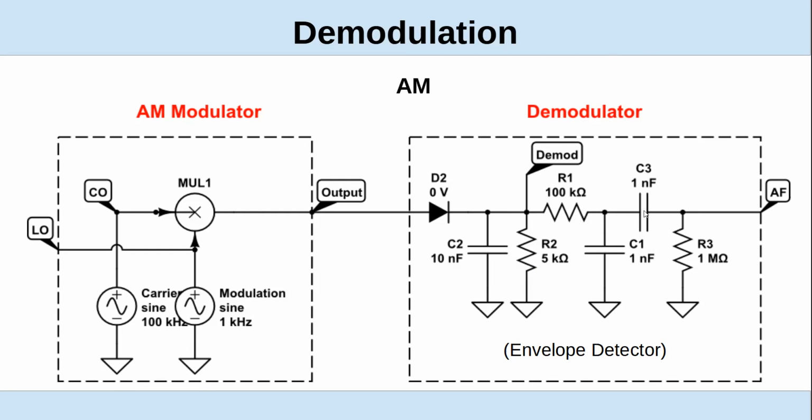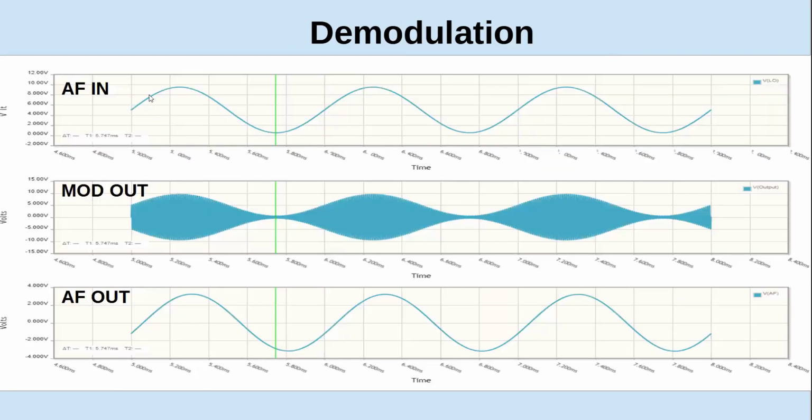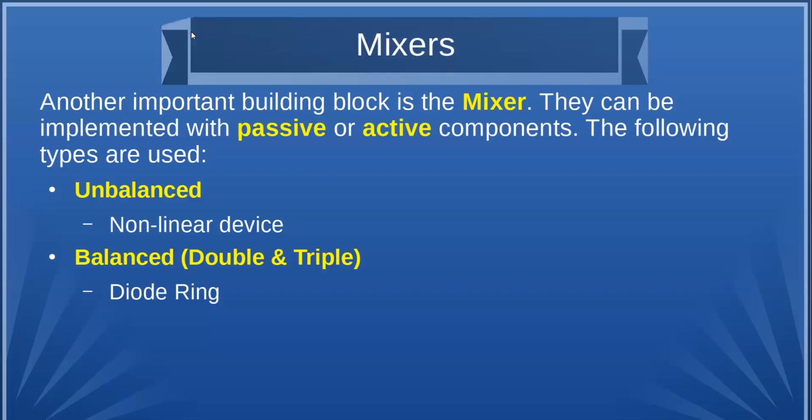And what it will do is reconstruct the envelope of the carrier wave, which is your audio frequency in. This is the modulated wave, and this is what comes out of the envelope detector, which looks just like that. AM is easy. Single sideband's a little harder because of the filtering required.